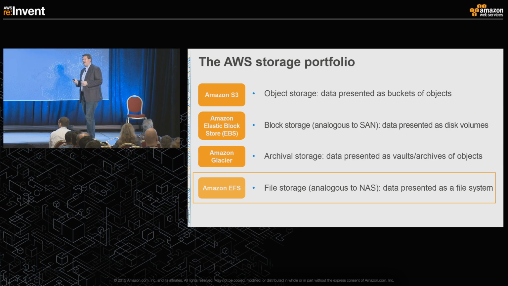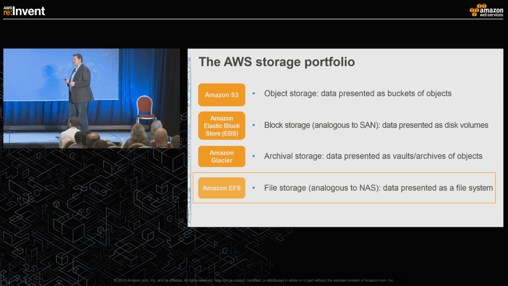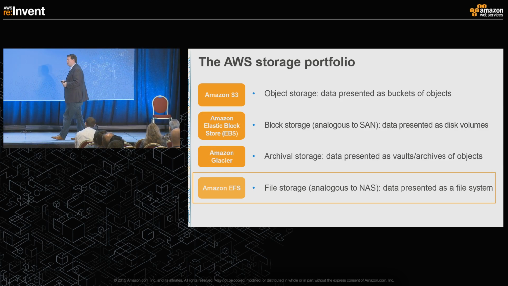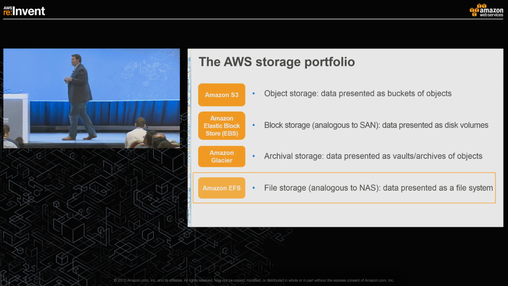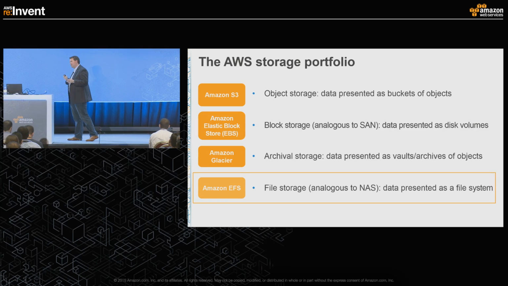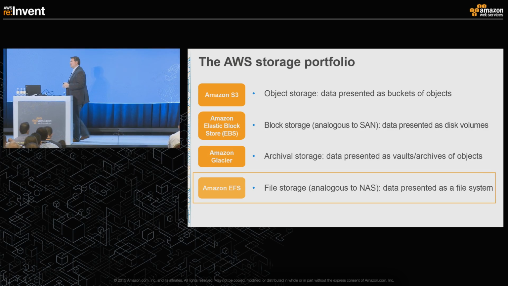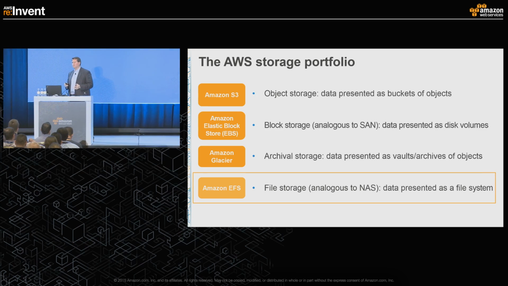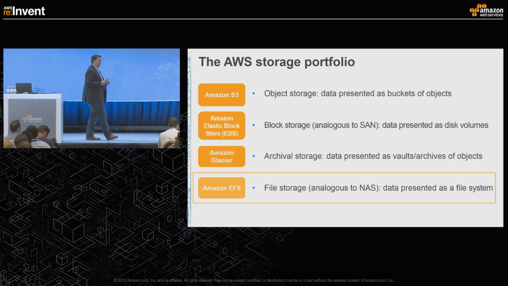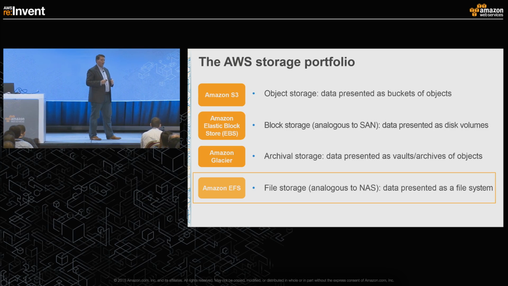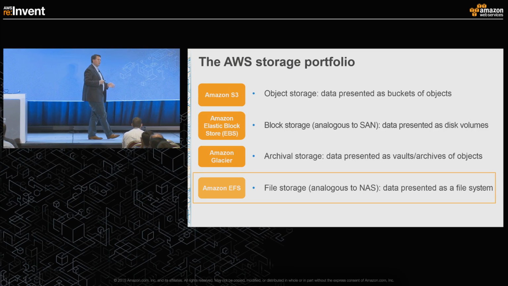We introduced shortly thereafter, coming into 2008, Elastic Block Store. EBS is designed to support single EC2 instances. People use it for boot, for scratch, for user-managed file systems, and for user-managed databases. And we introduced Glacier about 3 years ago now. Glacier is the archive tier that was really designed to tackle cold and deep archive-based workloads at a very aggressive price point.